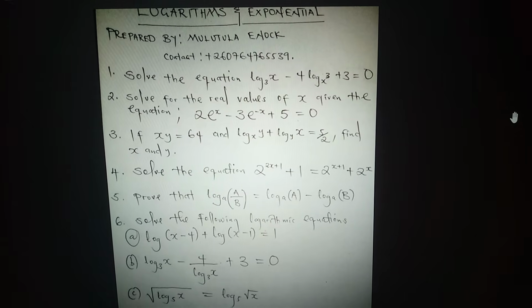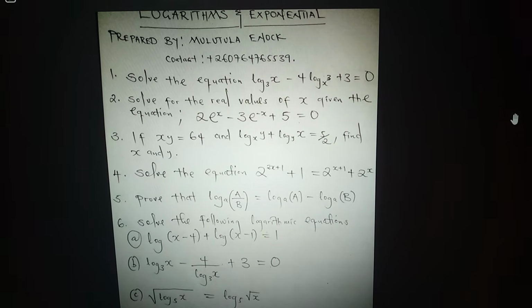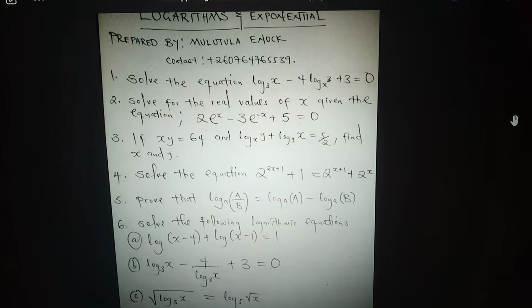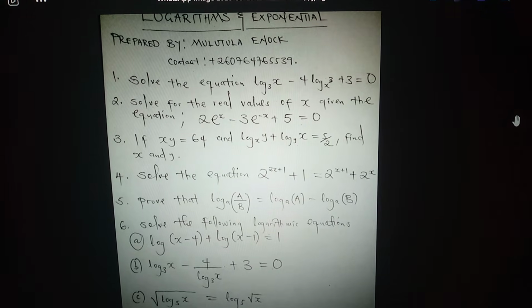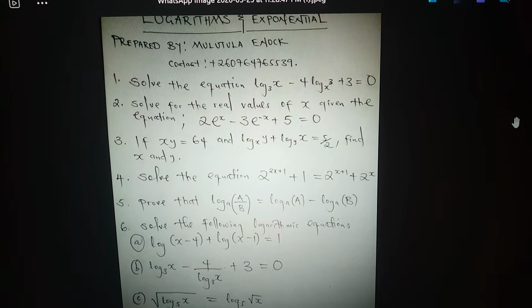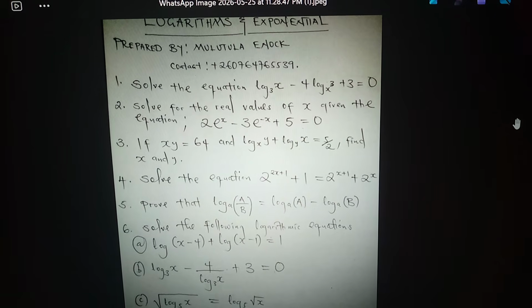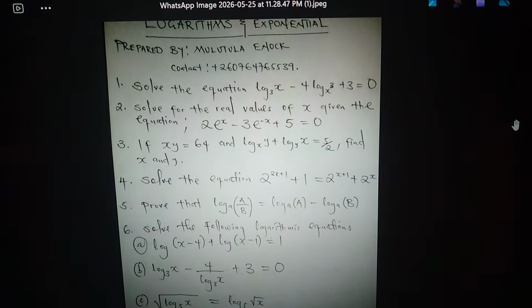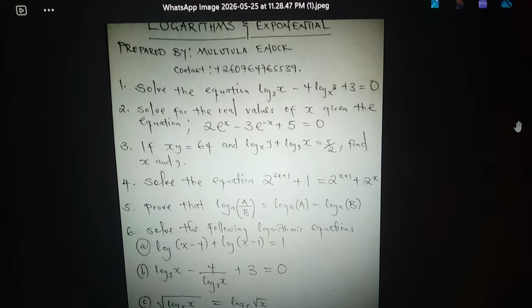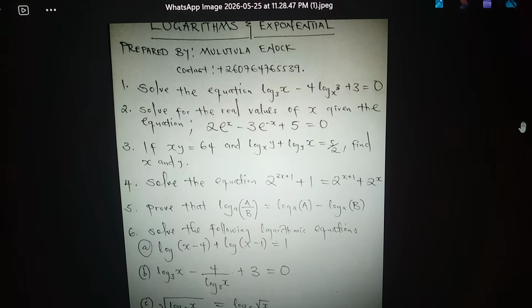So the first question reads, solve the equation log base 3 of x minus 4 log base x over 3 plus 3 is equals to 0. So we can start answering.